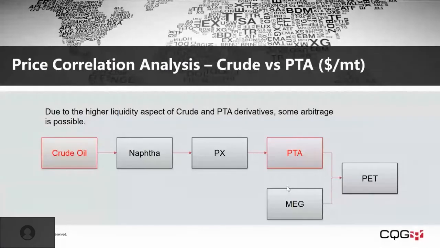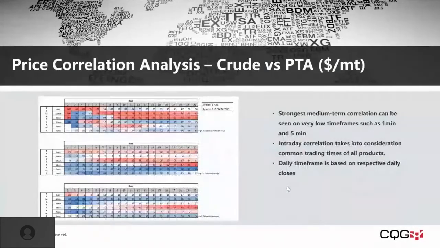And what I want to try and do is to begin with, because there are a few processes in between, we have to look for the best way to analyze that correlation. So what I did there was to look at a proper correlation analysis between the two products.